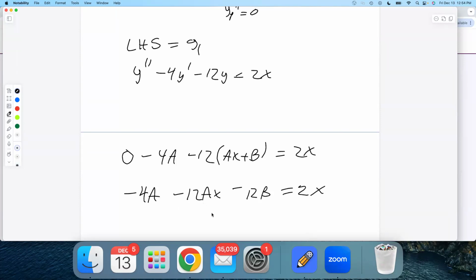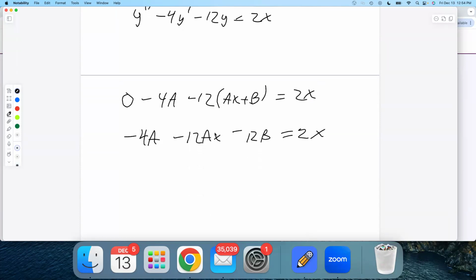I've got to collect my like terms in terms of powers of x. So I've got minus 12a x plus negative 4a minus 12b, and that's supposed to equal 2x plus 0. So I've got all my x's together, all my constants together.